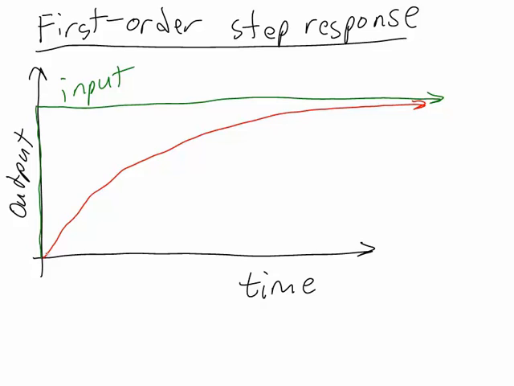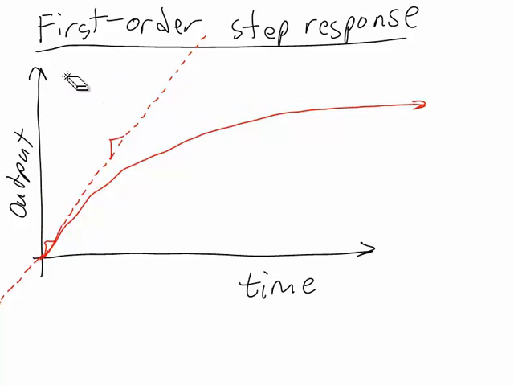Now, let's suppose that we would take this response and find its slope right at 0, and I'm going to draw a dashed line so that the slope of the dashed line matches the slope at the very beginning of the step response. I'm also going to erase the input, and instead I'm going to take another line.